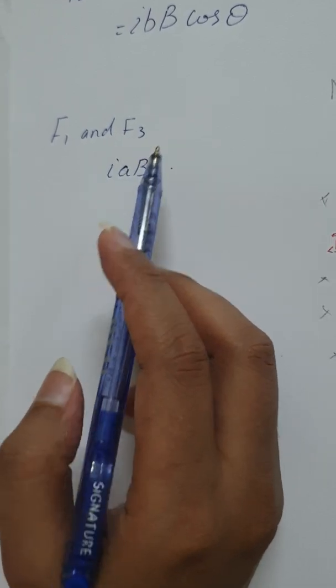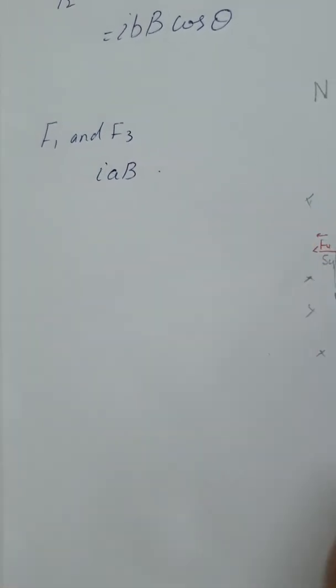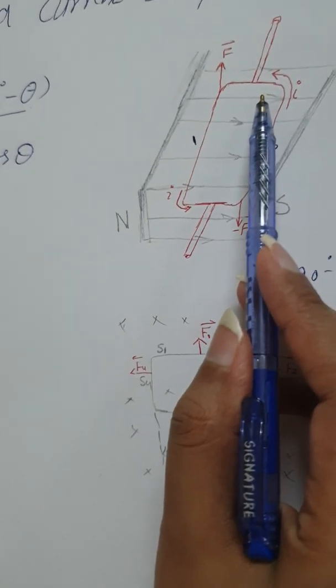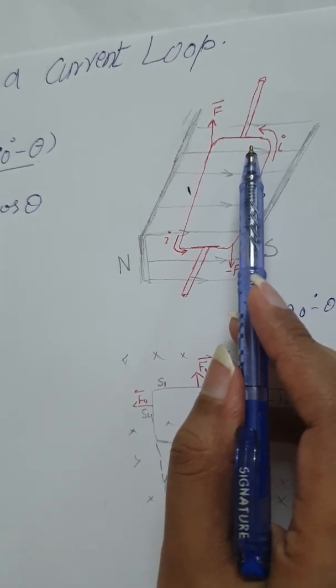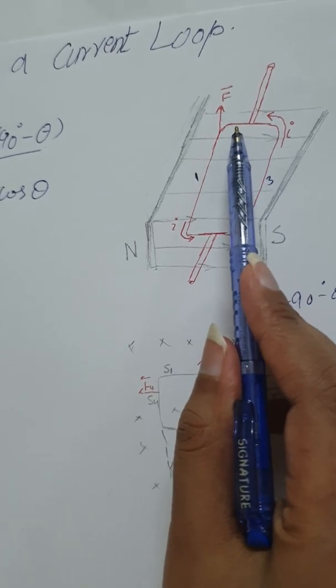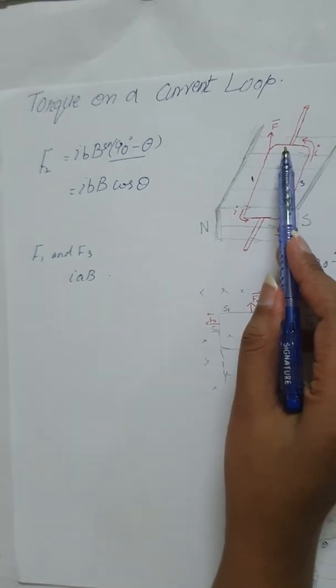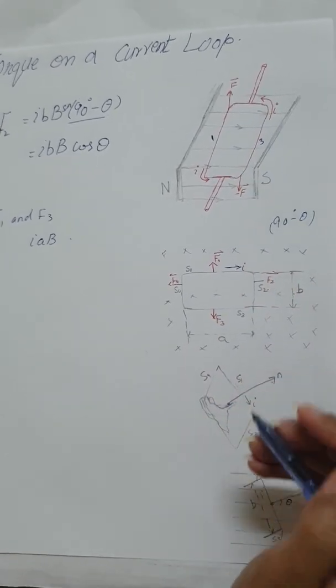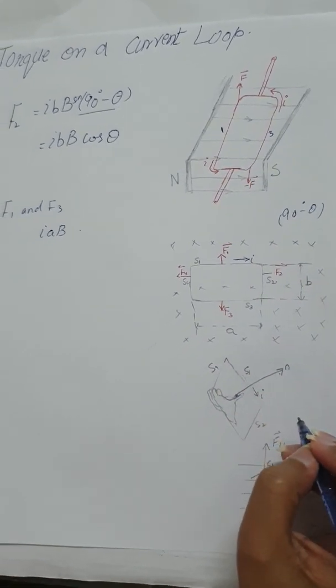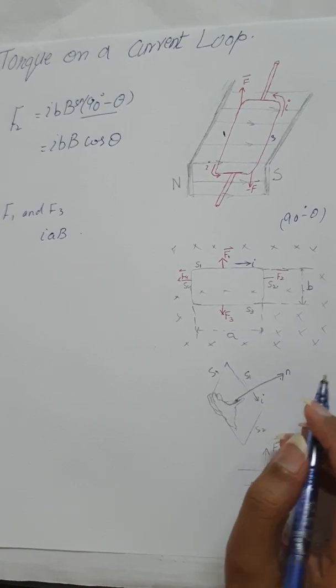So this torque has a tendency to rotate the loop, and when this loop rotates, it aligns its normal vector n with the direction of the magnetic field.